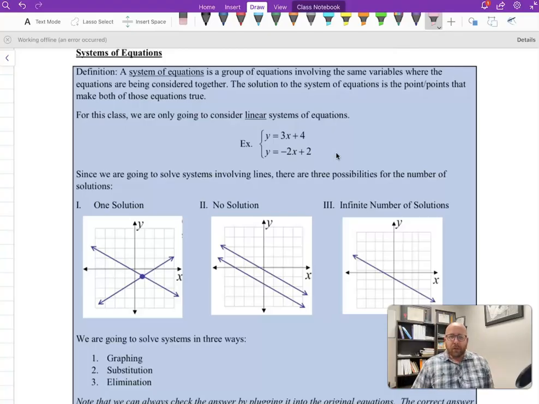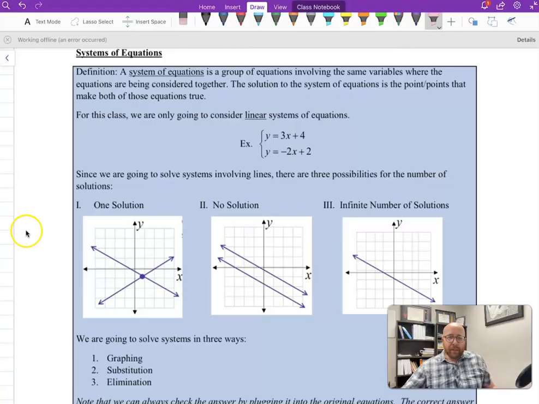Since we're going to solve linear systems involving lines, there are three possibilities for the number of solutions. We're going to talk about solving these systems by graphing. We know that graphing gives us lines, and if we're solving a system of two equations, we're going to have two lines.